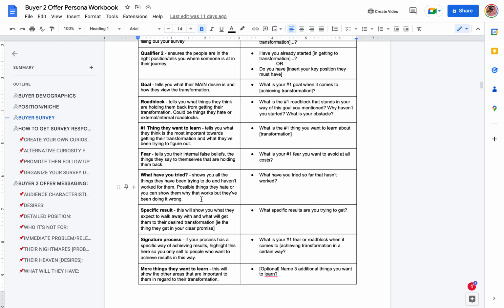Then the next part is the signature process. If your process has a specific way of achieving results, highlight this here so you only sell to the people who want to achieve results in this way. So you could say, what is your number one fear or roadblock when it comes to achieving transformation in a certain way? What I mean by that is that I teach you how to do master classes and put those inside of an evergreen lead magnet, lead to sales system.